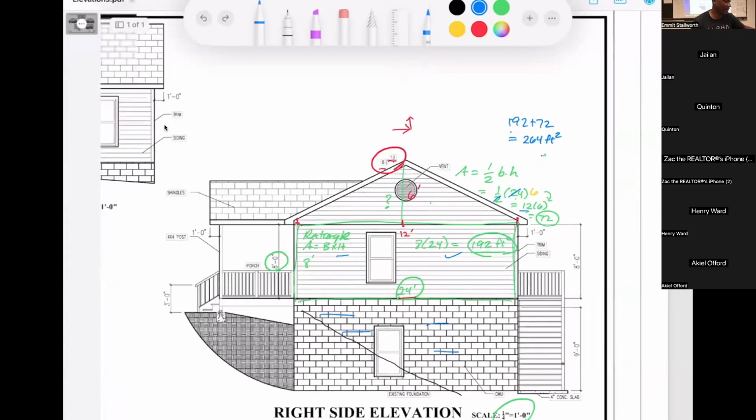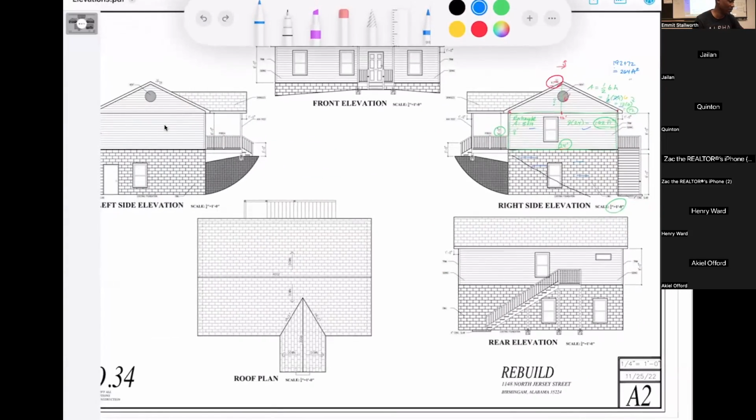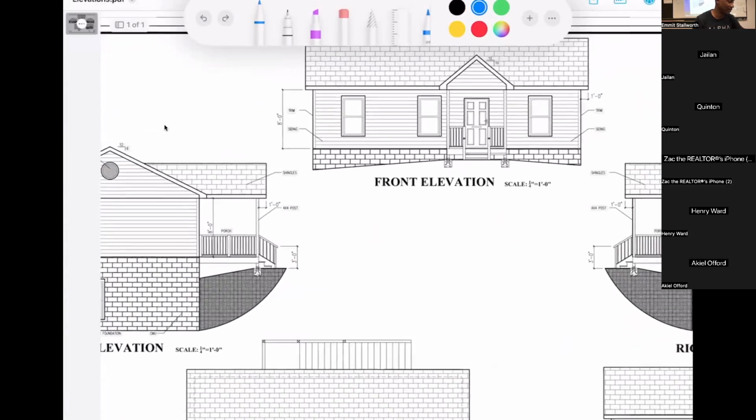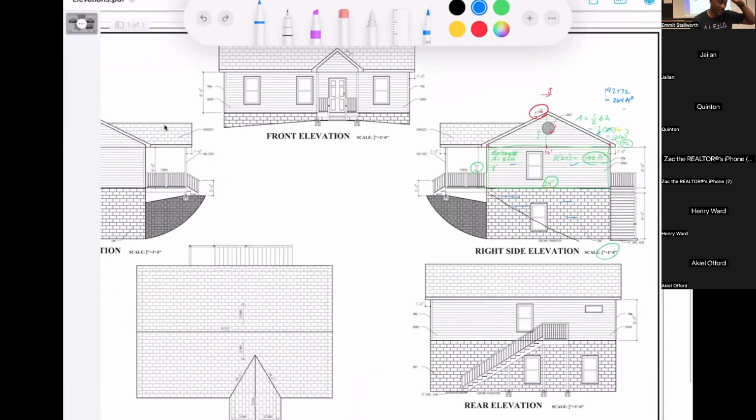All right, let me break this down. If we were doing this house right here, guys, it shouldn't really be hard finding the amount of shingles. Okay, let's do this again.